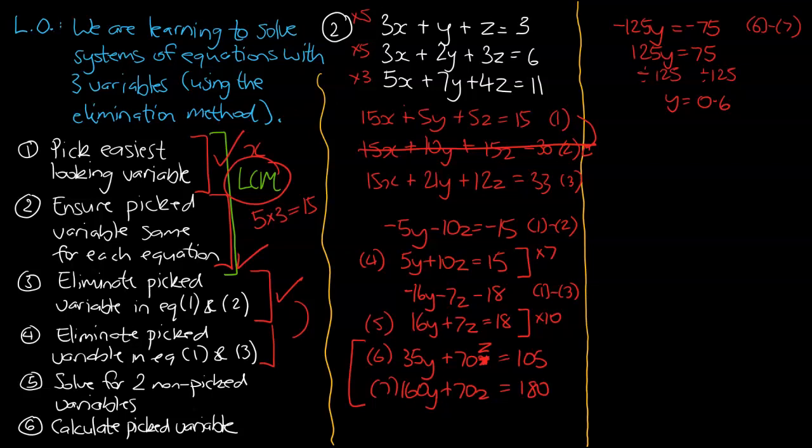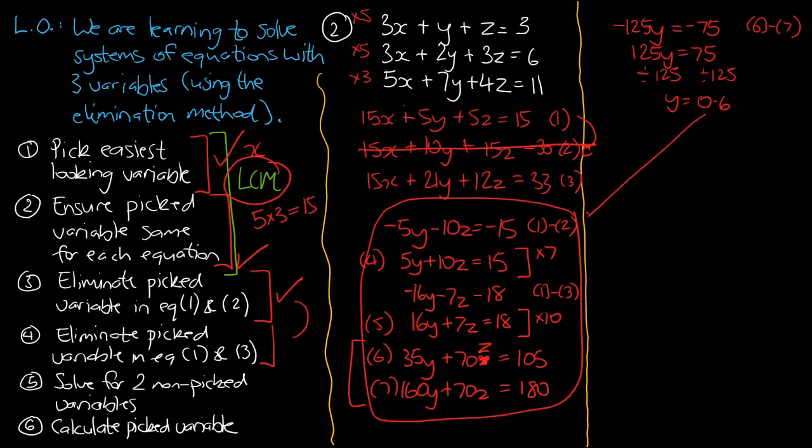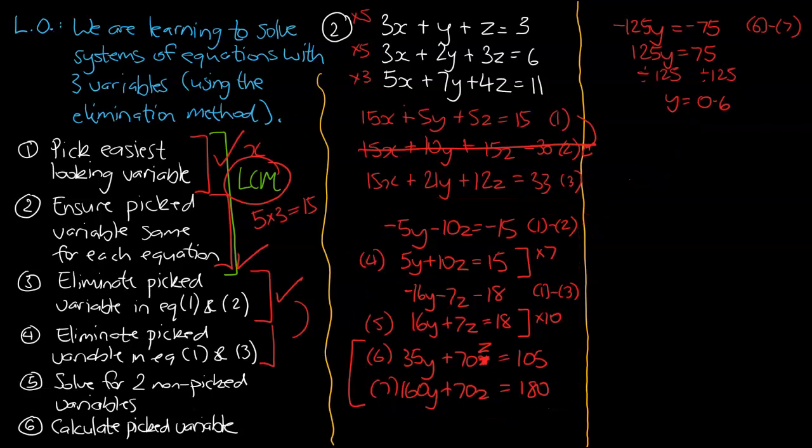I've got a whole bunch of equations here with z and y. I'm now going to put that y back into one of those equations, it doesn't matter which one. Probably just pick the easiest looking one to find out what the z value is going to be. So I'm going to pick this equation here just because they're all positive. All of them have something to do with a 5, so I'm assuming the math's going to be a bit easier.